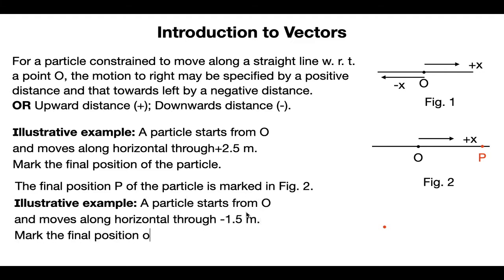Another example: a particle starts from O and moves along the horizontal through minus 1.5 meter. Mark the final position of the particle. Again, we have the particle at O, but now it will be moving towards left because the distance is negative. So this distance has to be minus 1.5 meter.